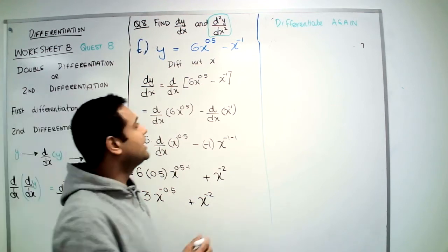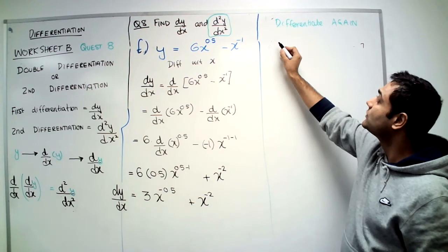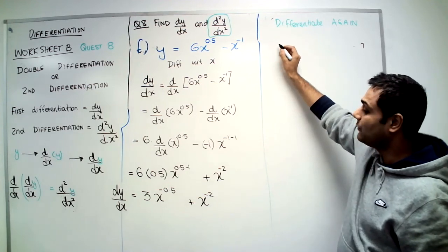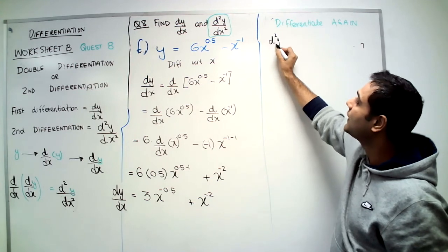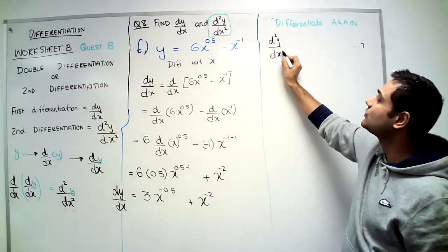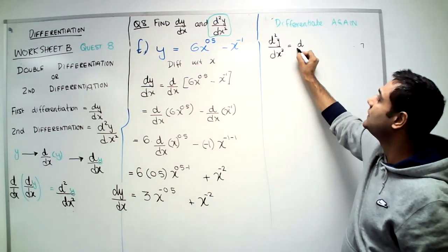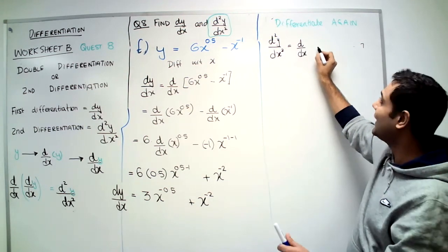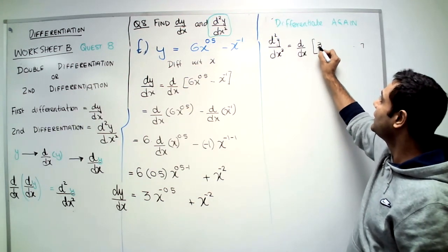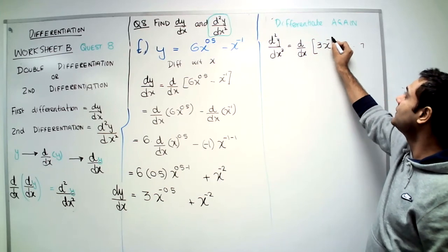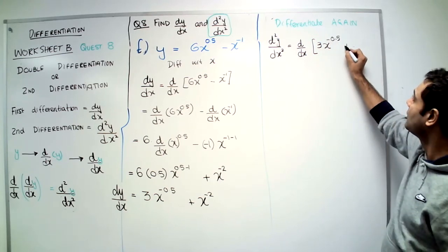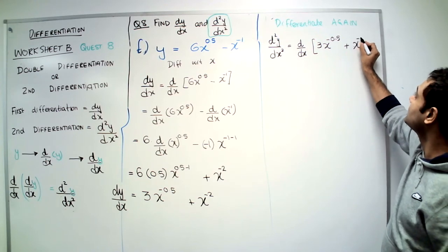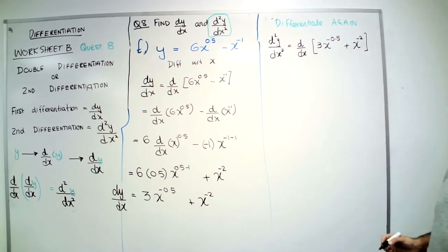Now I need to differentiate that thing again with respect to x. That will become d squared y over dx squared equals d over dx of that bit, whatever I got: 3x^-0.5 plus x^-2.